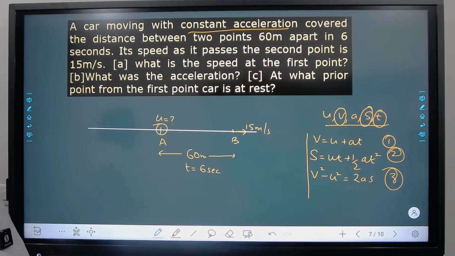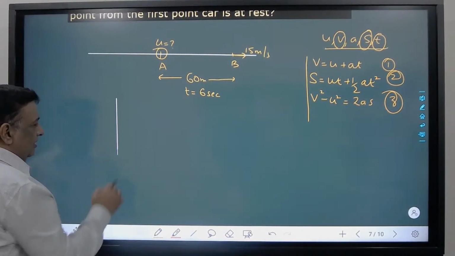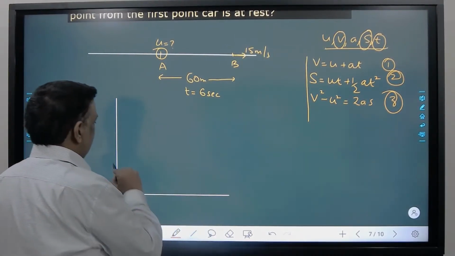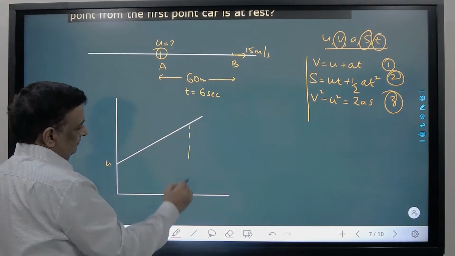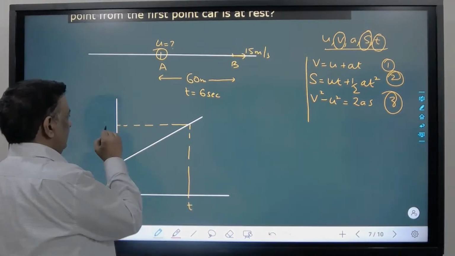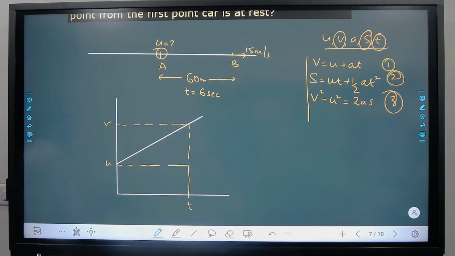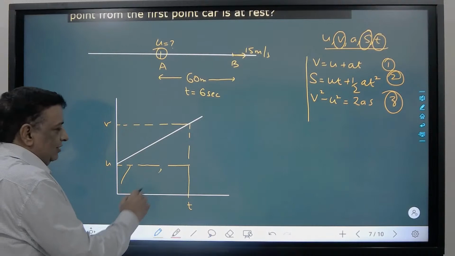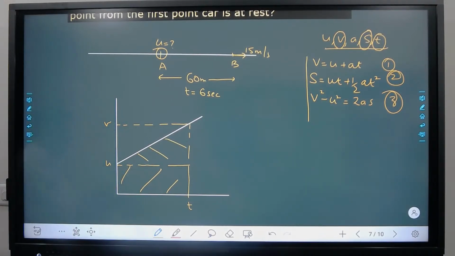Second equation. S is equal to ut plus half at square. If we draw the uniform acceleration graph, initial velocity is u. After time t, the velocity is v. We have done that. Area under velocity time graph is the distance traveled. So you can say this is area of trapezium, or area of this triangle plus rectangle.